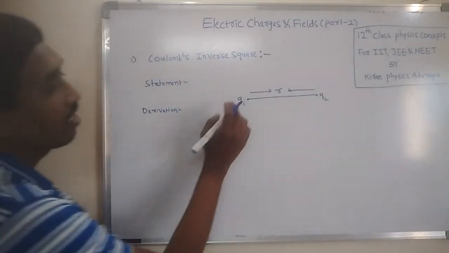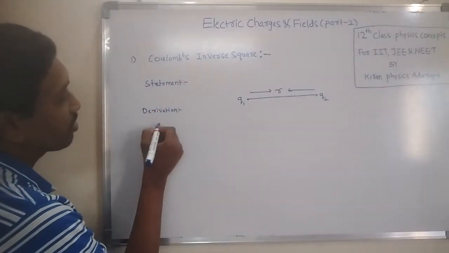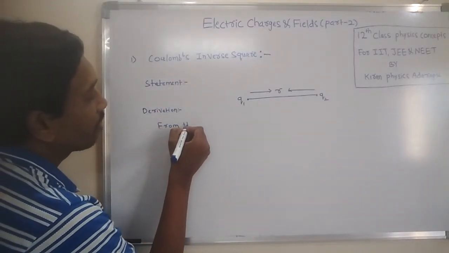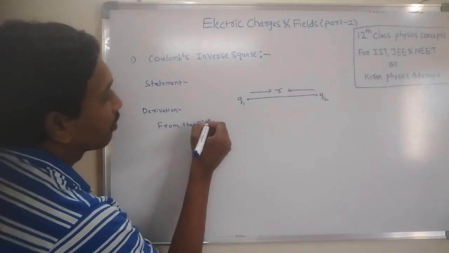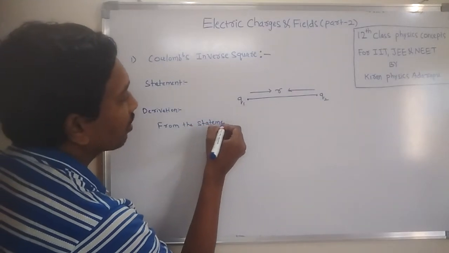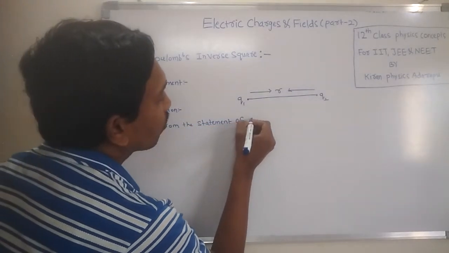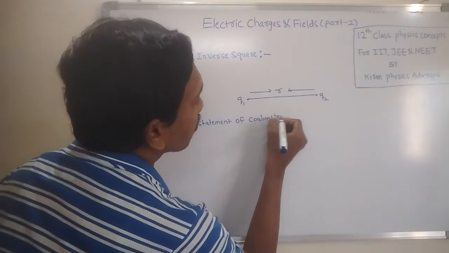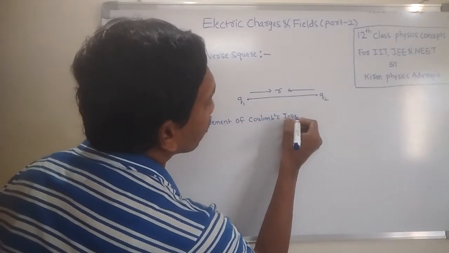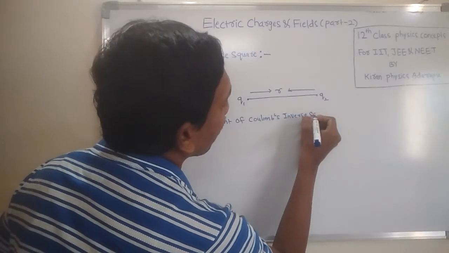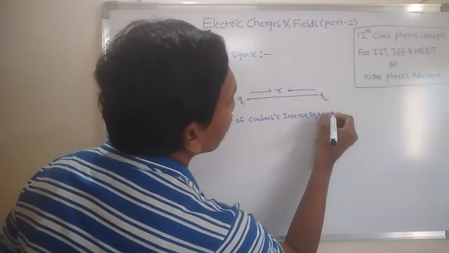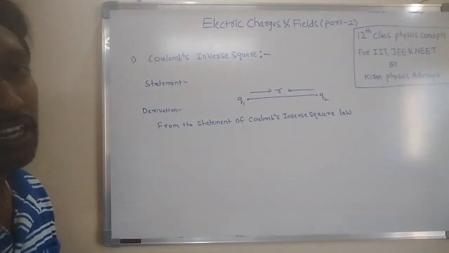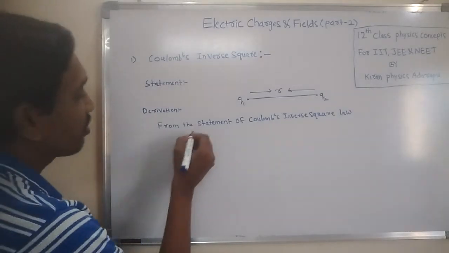In this derivation, from the statement of Coulomb's inverse square law, the force of attraction or repulsion between any two charges is called the electric force.